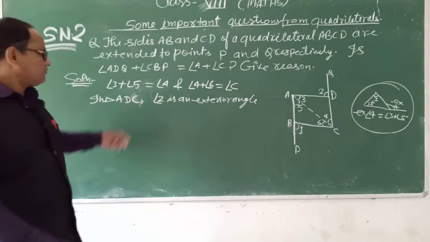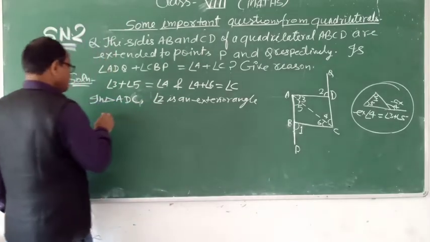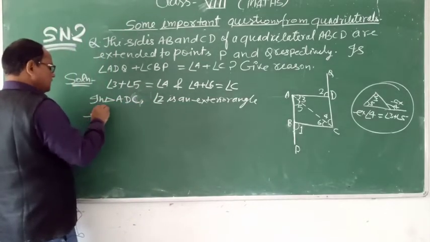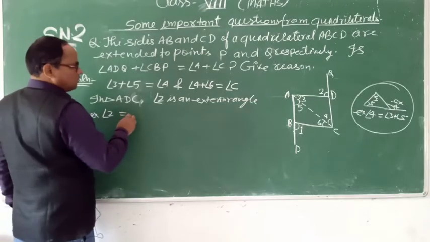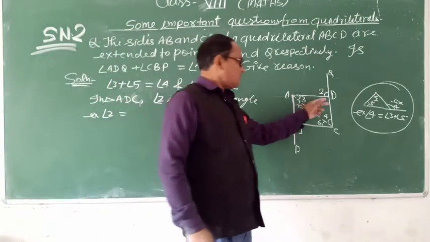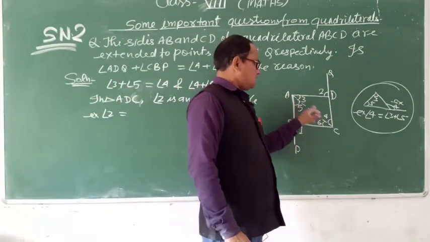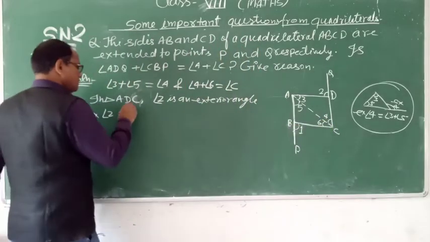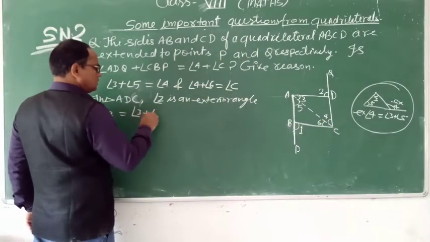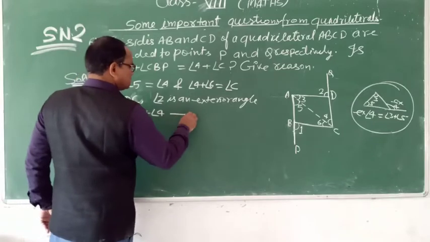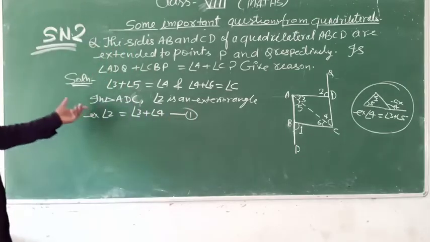Okay student? Therefore, exterior angle 2 is equal to the sum of the two interior angles, angle 3 plus angle 4. Equation number 1. Okay student?